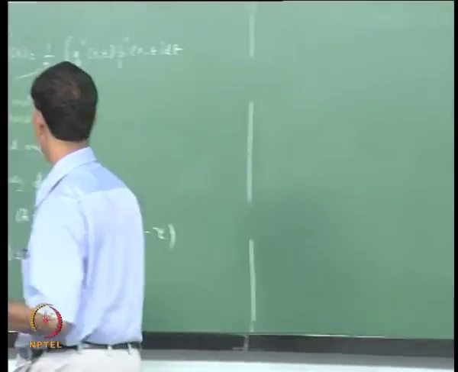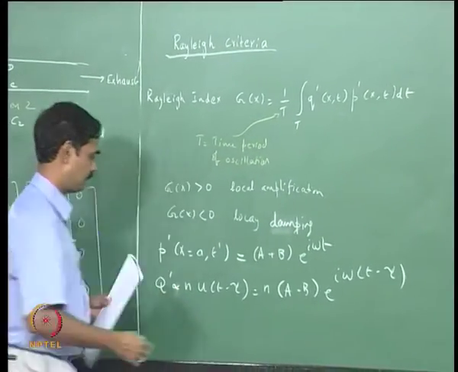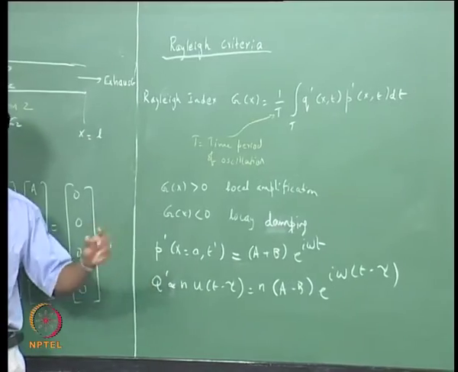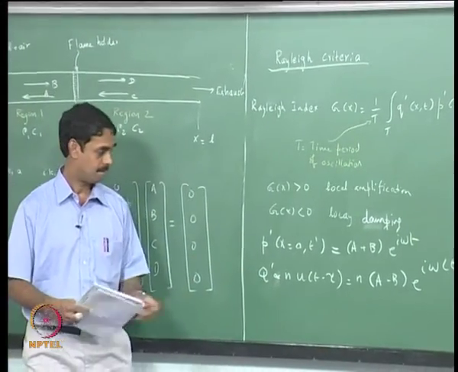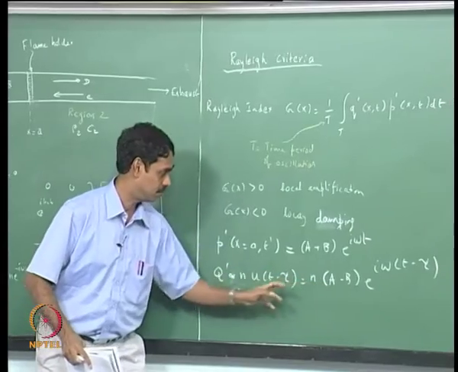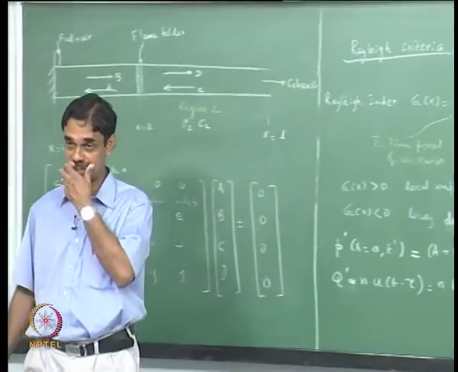I will just say proportional, there is some constant there, the gamma minus 1 factor, and u is this. So we put the n, and the time delay tau is like e power minus I omega tau.